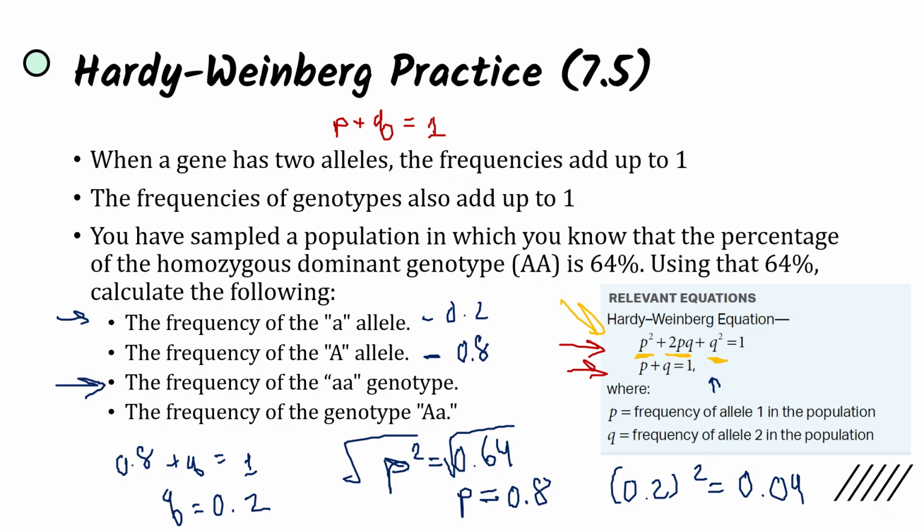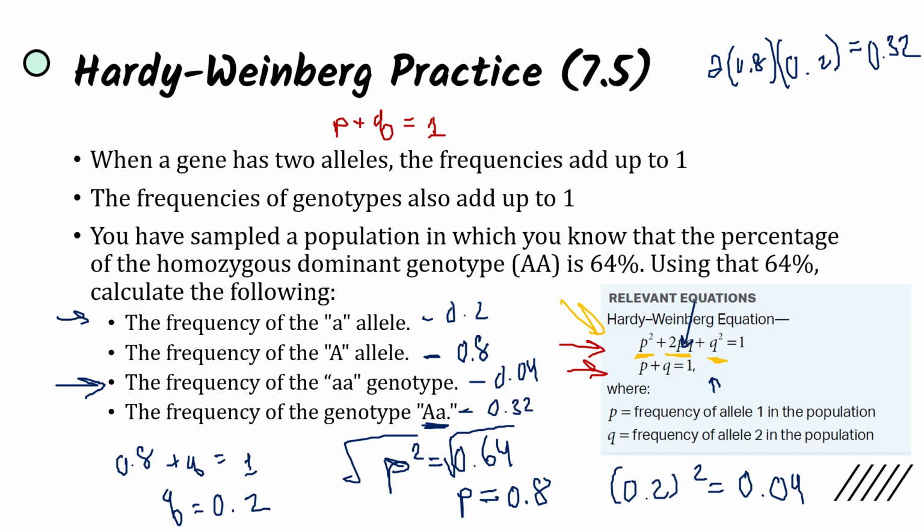So we know that 4% of the population is going to have that homozygous recessive genotype, 0.04. Lastly, we need to find the frequency of the heterozygous genotype, having one of each allele, and we know that is 2pq from our Hardy-Weinberg equation. So I'm going to do that up here. We have 2 times p, which is the frequency of the dominant allele, 0.8, times q, which is the frequency of our recessive allele, 0.2, and when we do that multiplication, we get 0.32 for our frequency of heterozygous individuals.